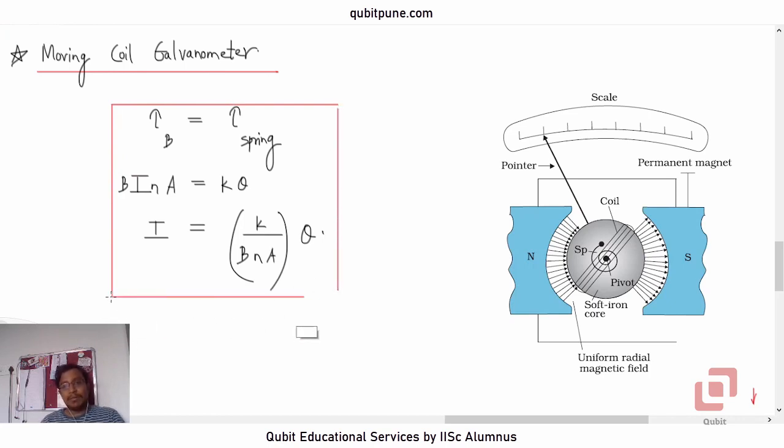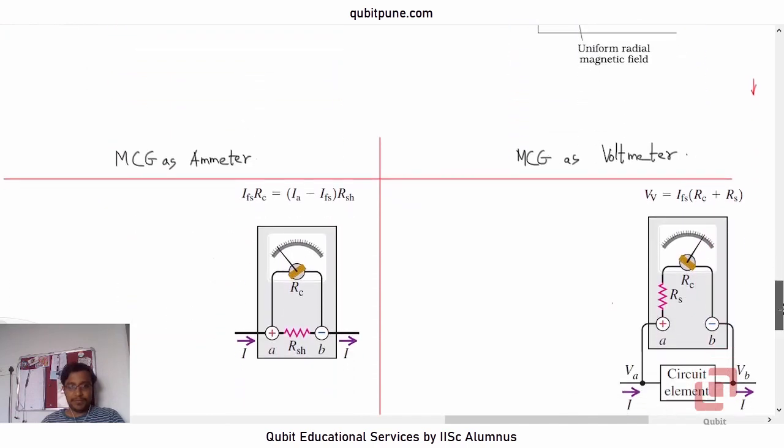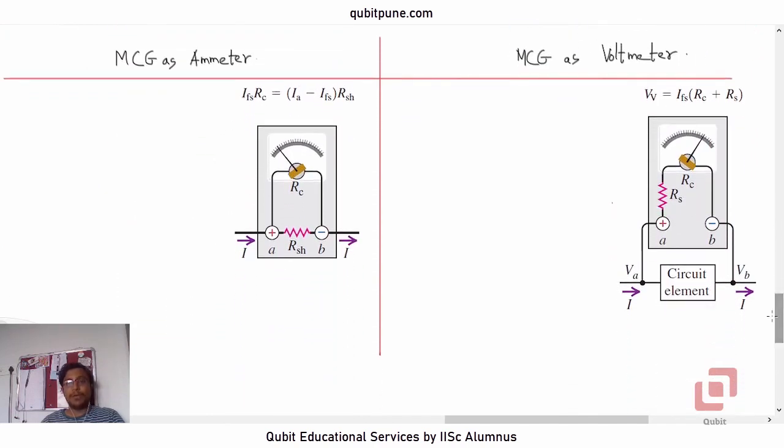Now, the moving coil galvanometer being an extremely sensitive device, if you want to convert it into an ammeter or a voltmeter: an ammeter measures current, a voltmeter measures potential difference, not EMF, between any two points in the circuit. So, how to convert a moving coil galvanometer into an ammeter? You attach a shunt resistance.